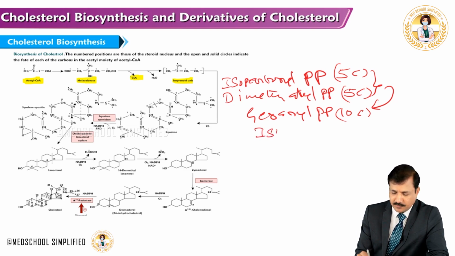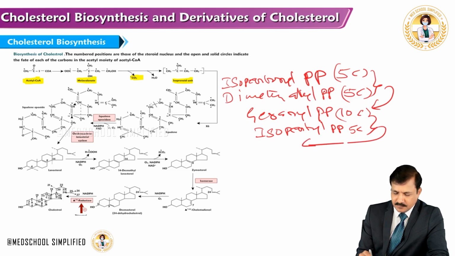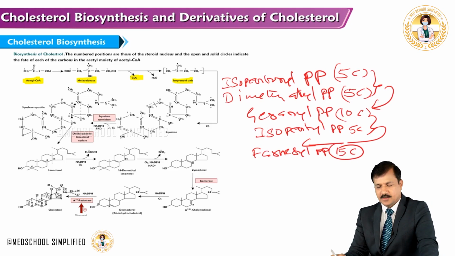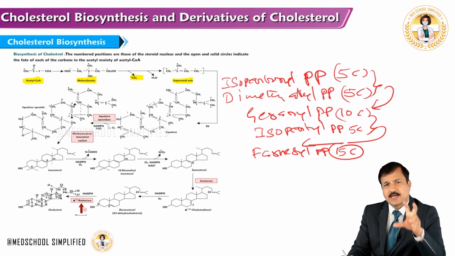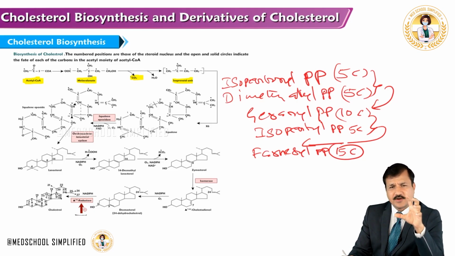And the geranyl pyrophosphate will combine with one more isopentenyl pyrophosphate, 5-carbon. So they both combine now to make farnesyl pyrophosphate, and farnesyl pyrophosphate is a 15-carbon molecule. In fact, this 15-carbon farnesyl pyrophosphate contains 3 molecules of isopentenyl pyrophosphate in different forms.